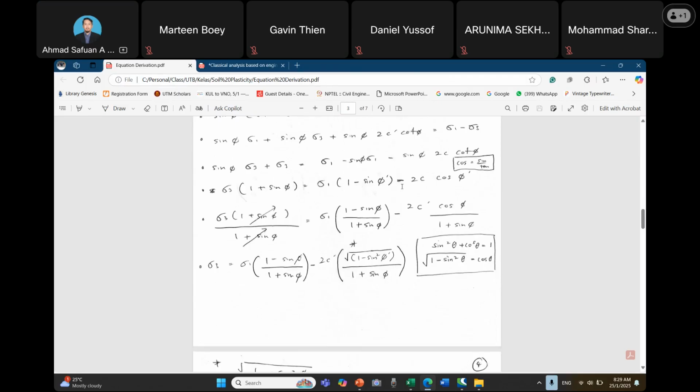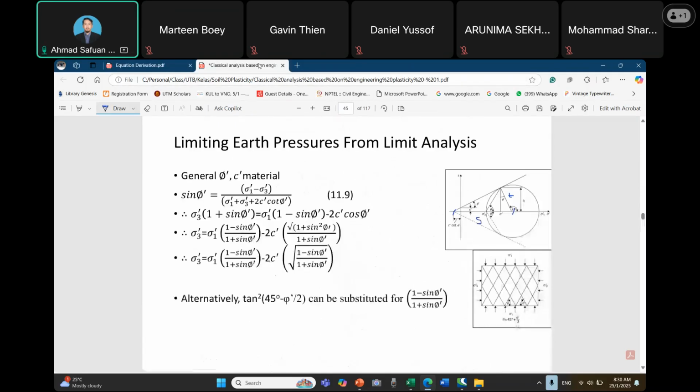Then we just simplify it until we obtain the result, and then we need to use a trigonometry identity. It is very time consuming when we want to derive or explain how the equation works.